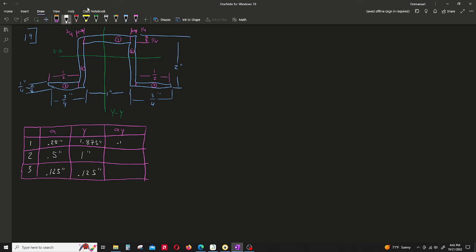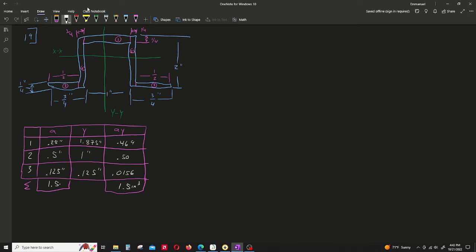So we get 0.469, 0.5, and then 0.0156. When we sum all of our areas up, we end up getting 1.5, and we sum all of our AYs up, we get 1.5 again.